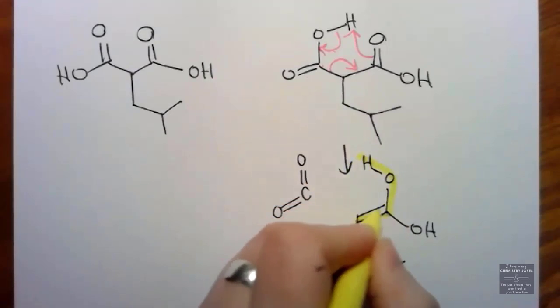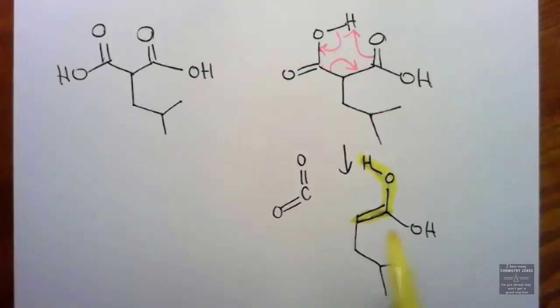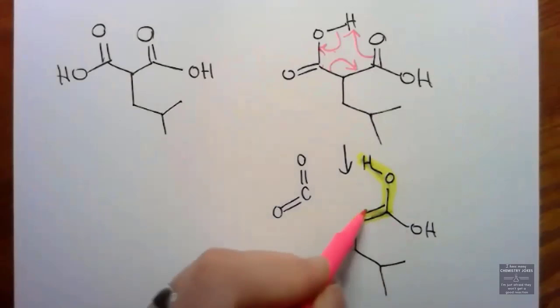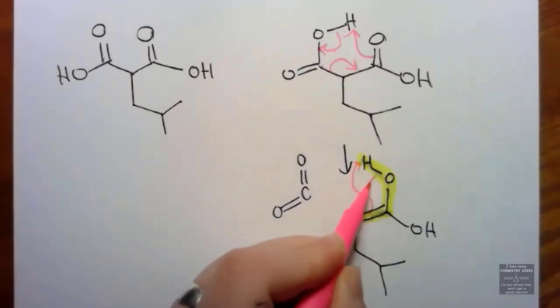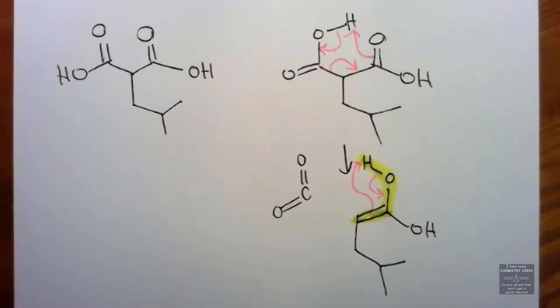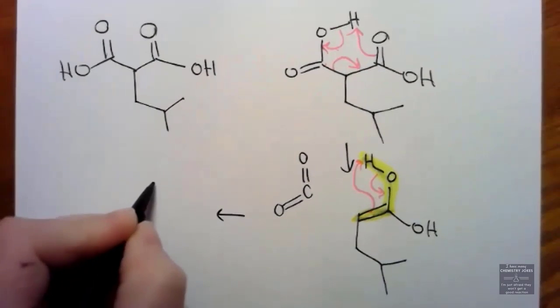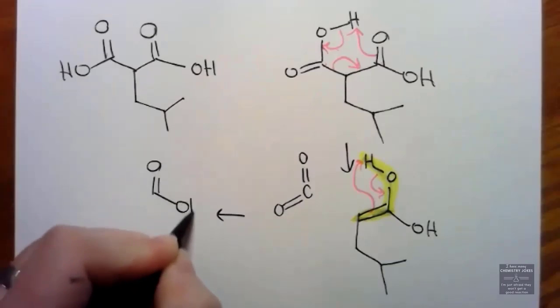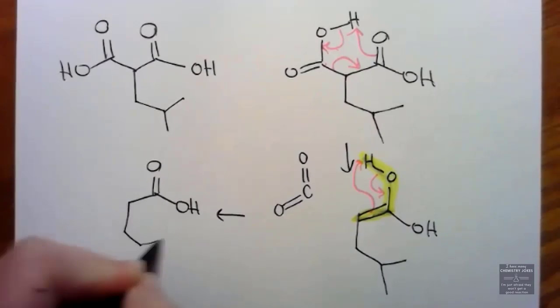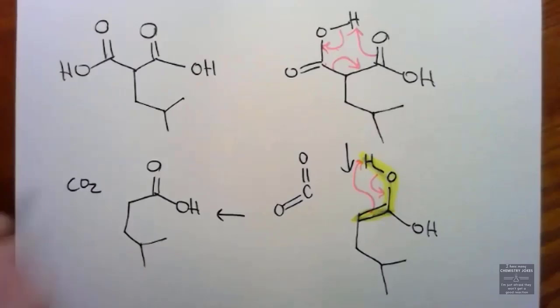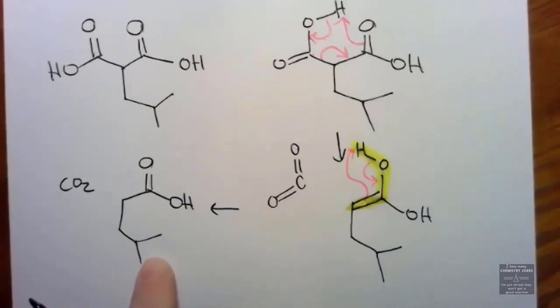This bit is an alkene and an alcohol on the very same carbon. It's an enol. It has to tautomerize. This is not a legit tautomerization mechanism, but I'm cool with it. So if we tautomerize that thing, we end up with CO2 and a carboxylic acid.